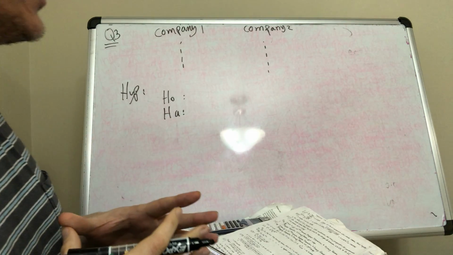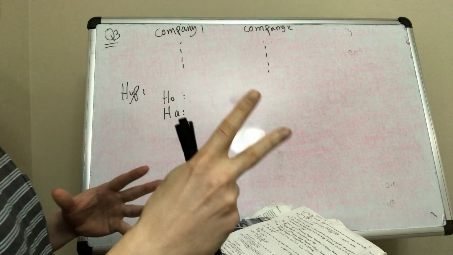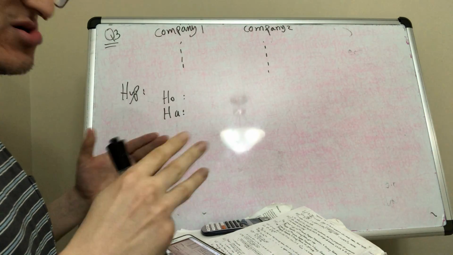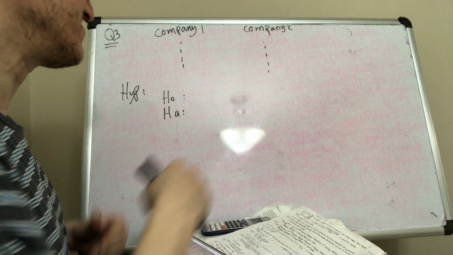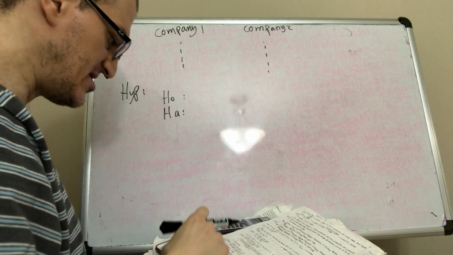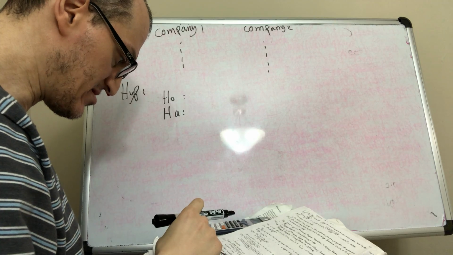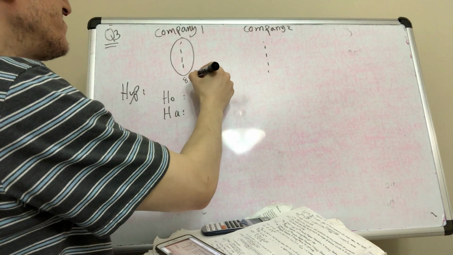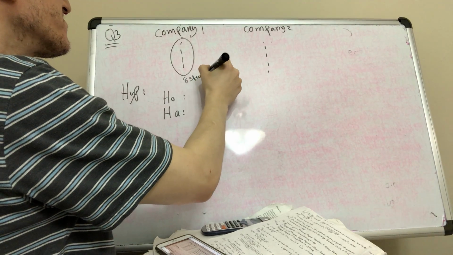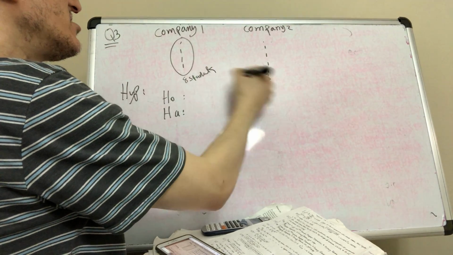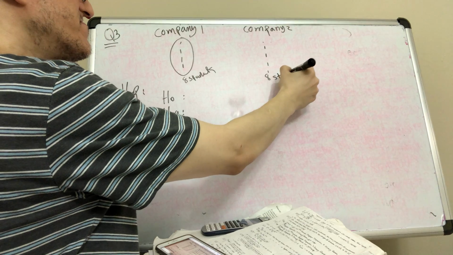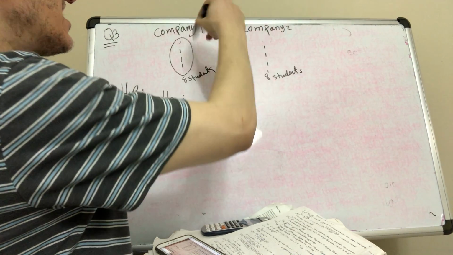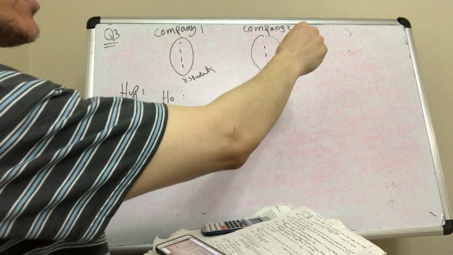Now the question here is, do we have two sample dependent or two sample independent? Are the 8 students, so we have 8 students here, and we have also 8 students here. Are they the same 8 students or different?